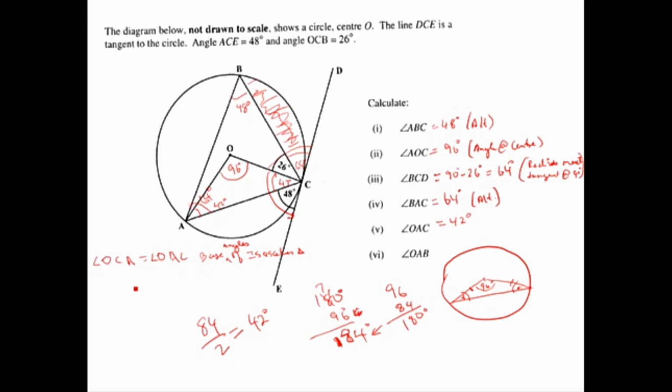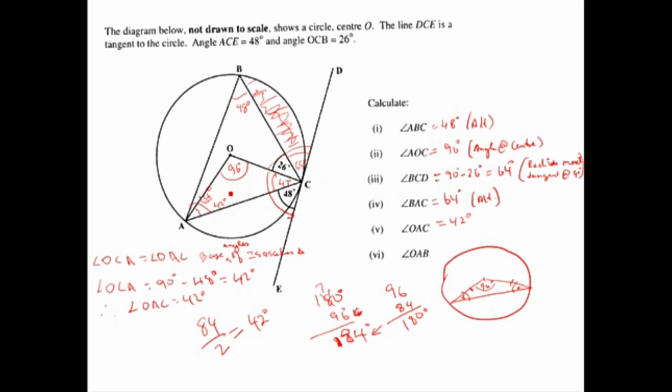And they're equal. So once I find angle OCA, it is equal to 90 degrees minus 48 degrees. And 50 from 90 is 40, plus 2, that's 42. And therefore, angle OAC is equal to 42 degrees.